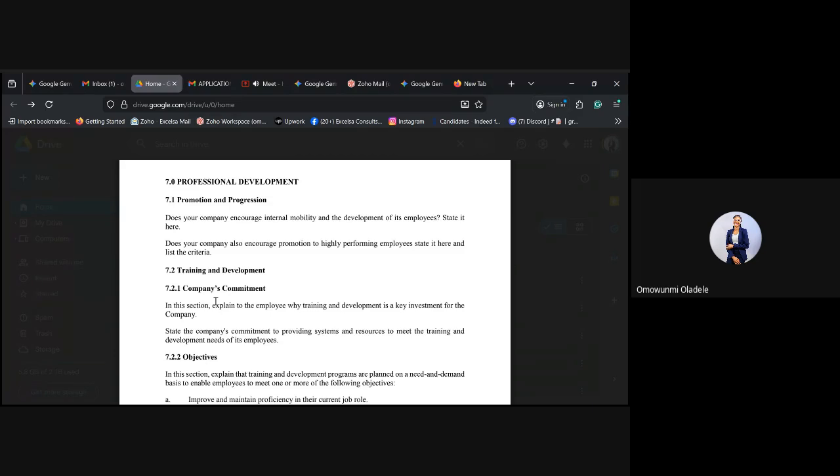What is that thing that makes an employee stay and say, in 2 years, I should have moved from being an officer to being an associate? What resources or capacity-building initiative have you put in place to ensure that employee is meeting these targets or the succession plan? Training and development is also part of what contributes to professional development.